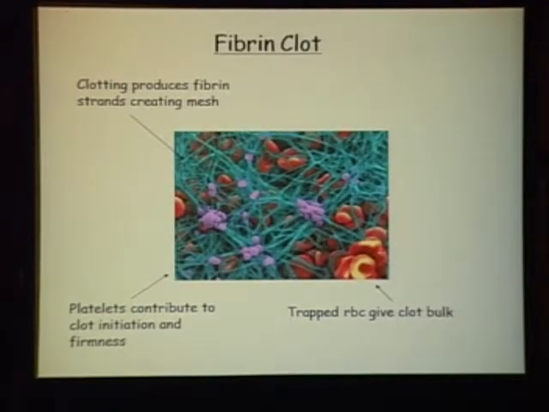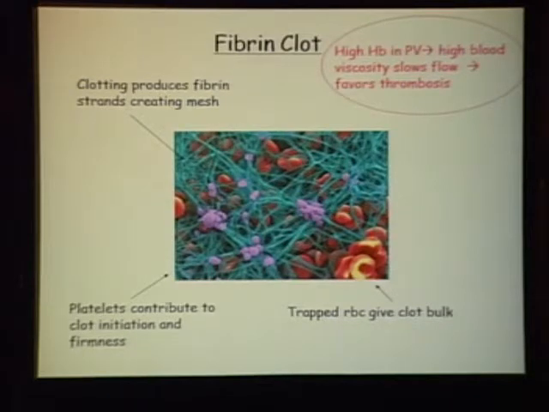Platelets and a high hemoglobin in polycythemia vera with high blood viscosity, as you saw earlier, slow down the flow and favor thrombosis. Platelets, the purple in this diagram, contribute to clot initiation. They act as a catalyst for the formation of blood clots, and they reinforce the firmness of blood clots by releasing a muscular sort of protein.